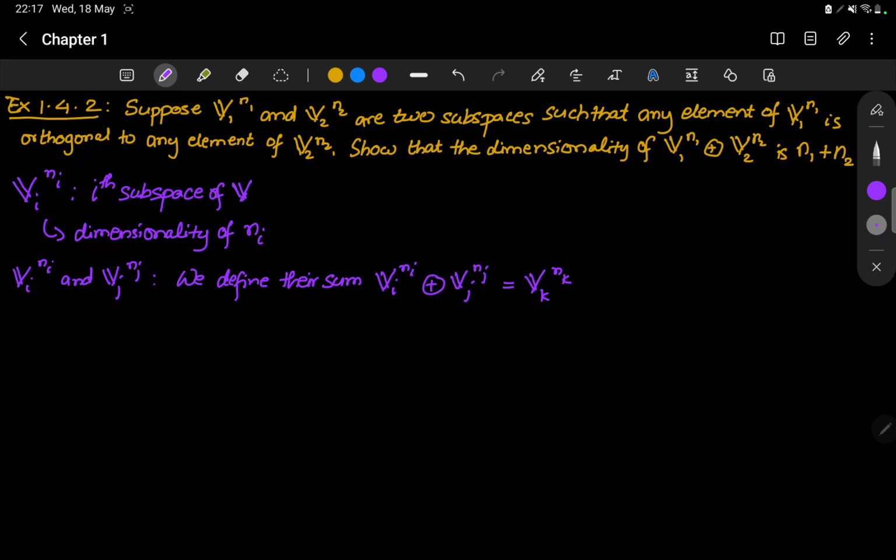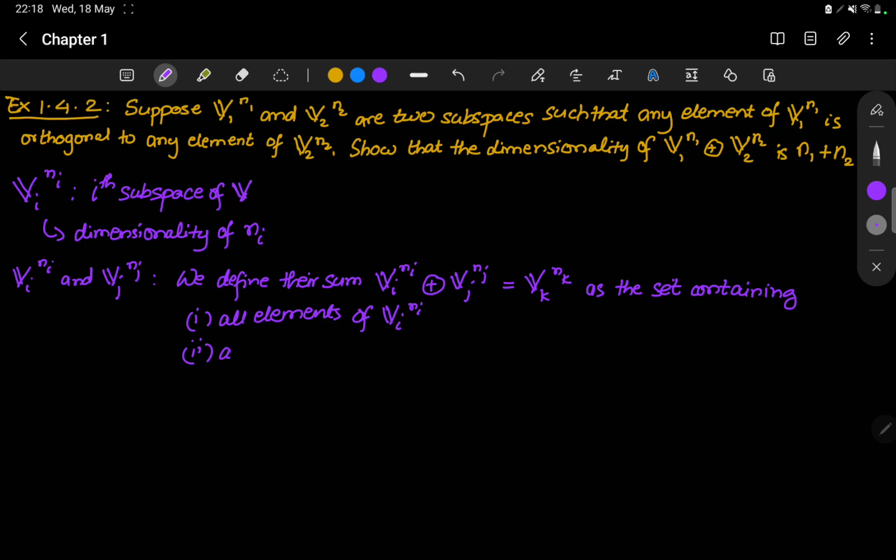So we define this sum as the set containing, one, all elements of Vi Ni.